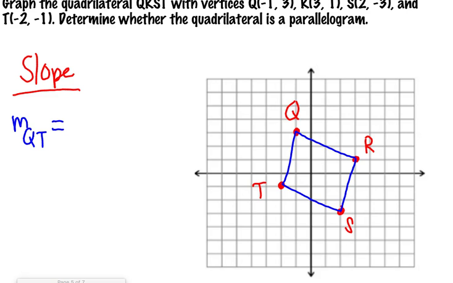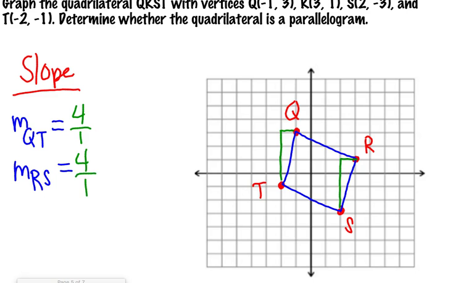Now I'm going over here. I'm going up 1, 2, 3, 4 over 1. So 4 over 1. Now let's check its counterpart, RS. So now the slope, M of RS. Here we go. If I start at S, how many up do I go? 1, 2, 3, 4 over 1.